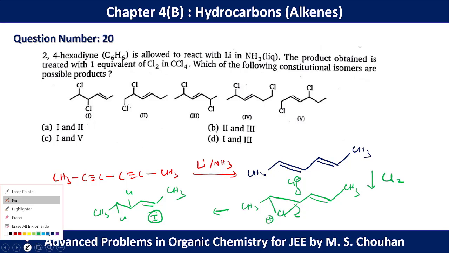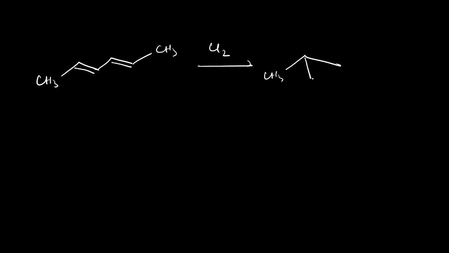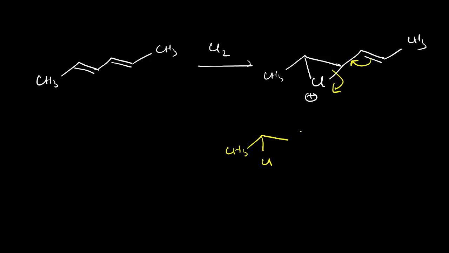Now we can have a second mechanism like this. We have a trans-like situation. Now the initial cyclic chloronium ion should look like this. Okay, now in the next step we can have this kind of situation. This pi bond can be involved in a resonance, and we are getting this kind of situation.